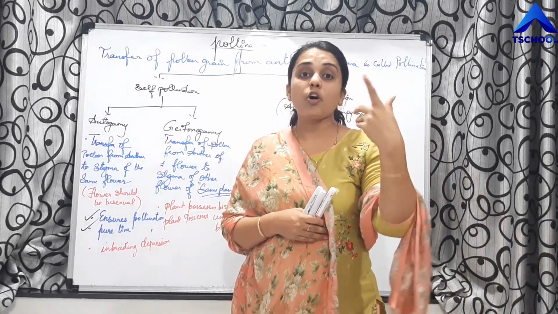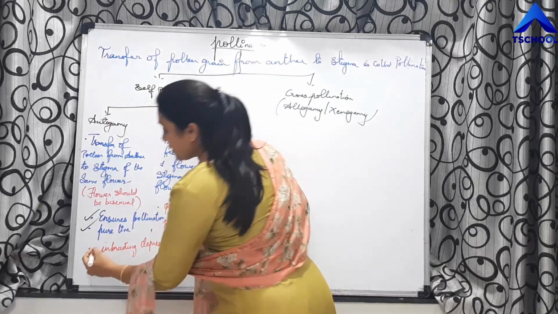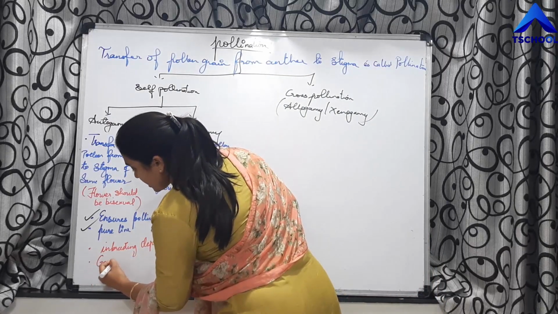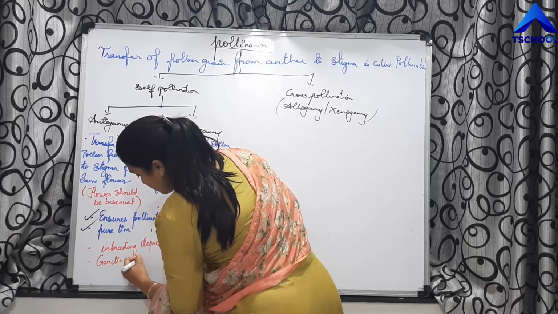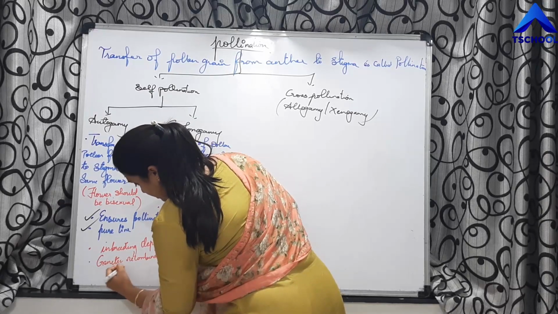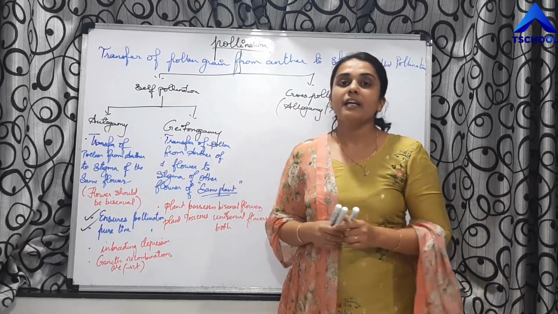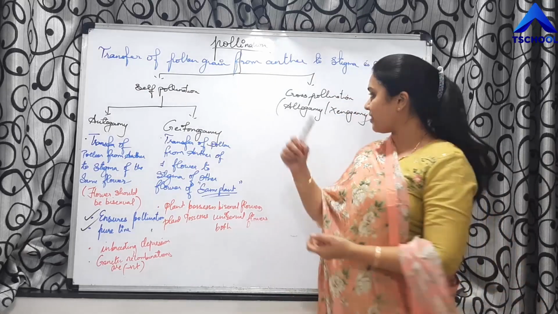So you will get pure lines, but there will be inbreeding depression, which means genetic recombinations are absent in case of self-pollination, right?